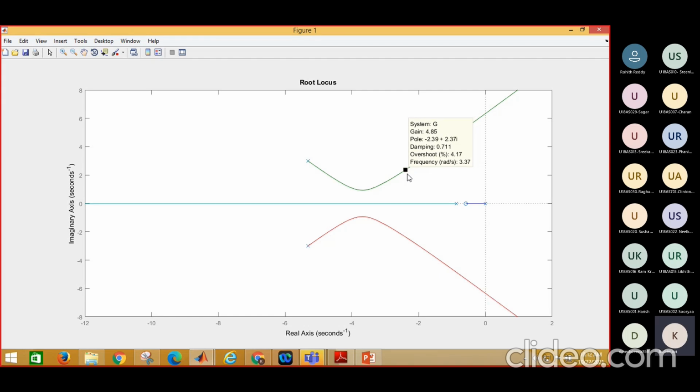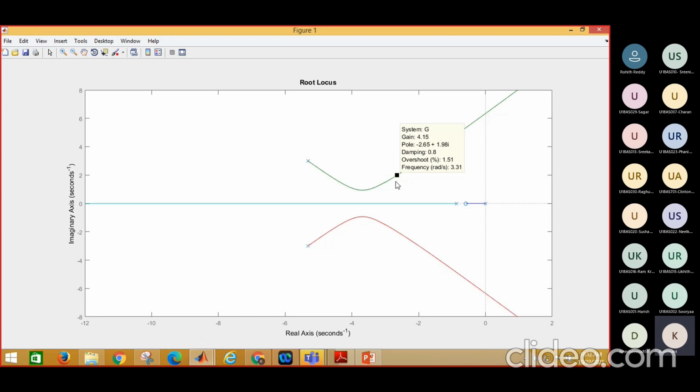Select 0.72, 0.769, 0.425, it will become 4.15. Here, if the gain is 4.15, my damping is 0.8.